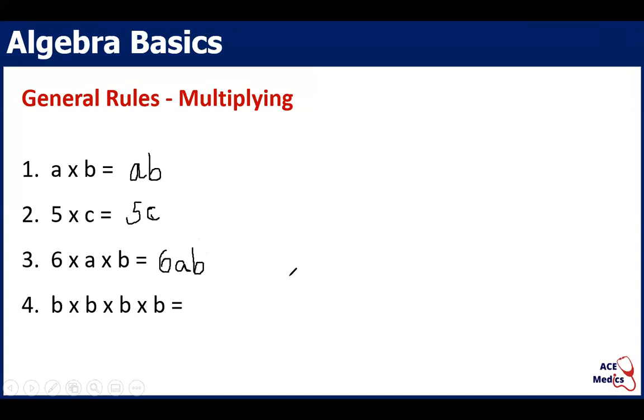And then if we've got B times B times B times B, this one's slightly different. If we have things that are multiplying together that are the same letter, they are going to become b to the power of 4. If we think about 5 times 5, we know 5 times 5 is 25, but we also know that 5 times 5 is the same as 5 squared.